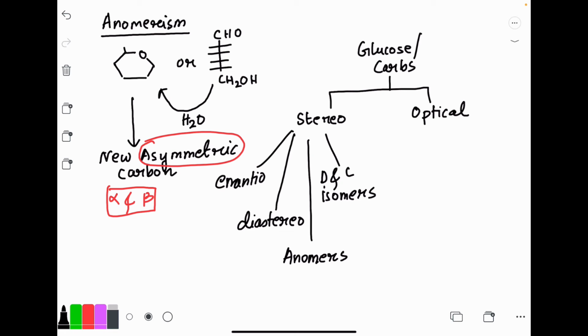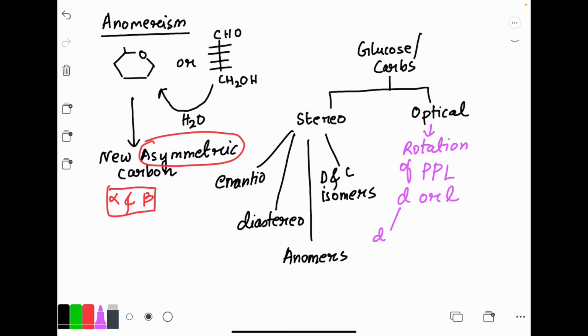Optical part I haven't talked about, but let's see. Optical isomerism is basically rotation of plane polarized light, and it is denoted by D or L, small d or small l.